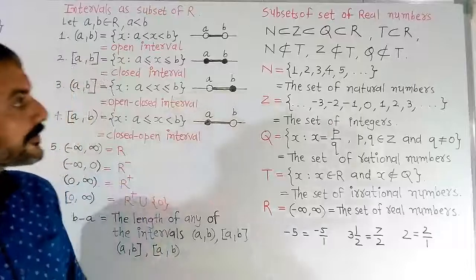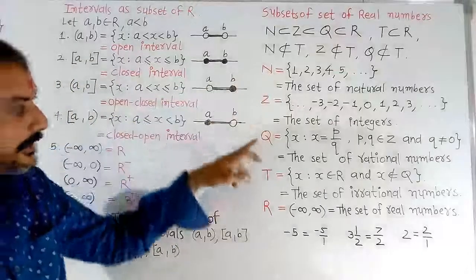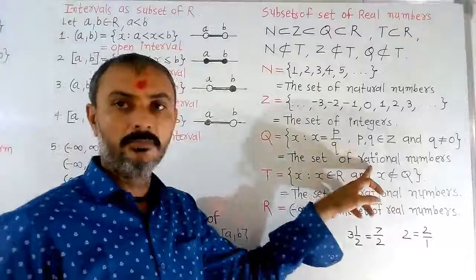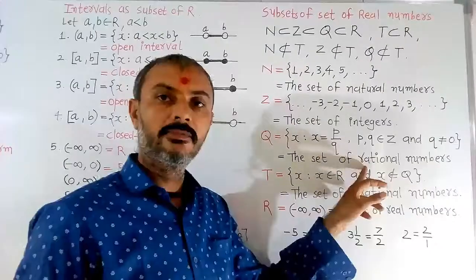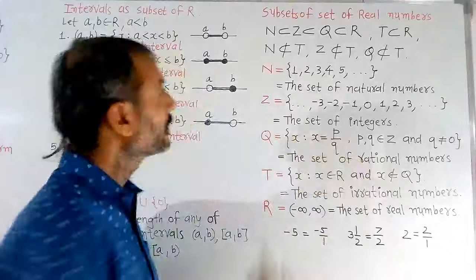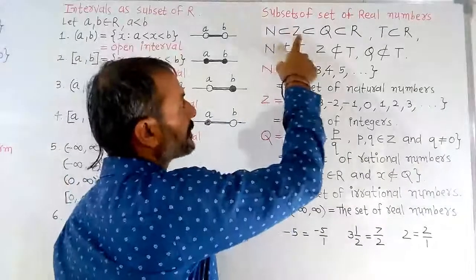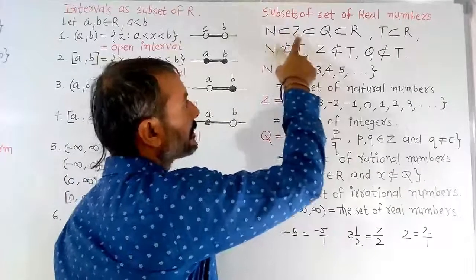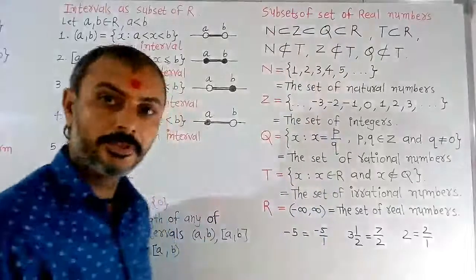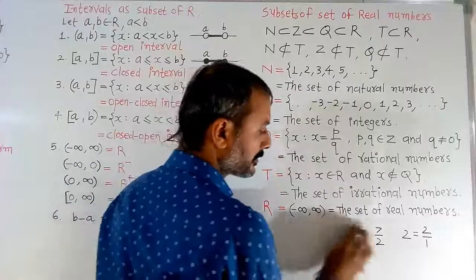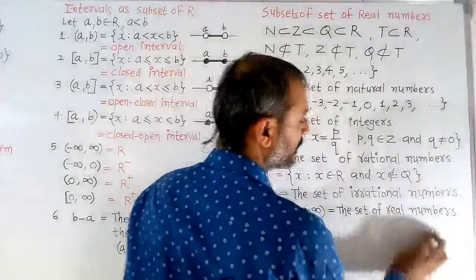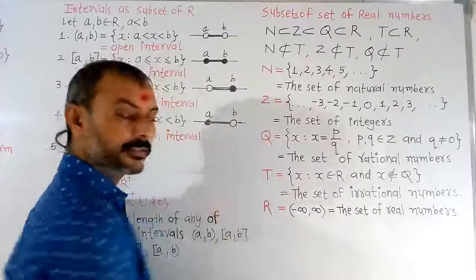So every natural number can be expressed as a rational number. Every integer can be expressed in the form of a rational number. So N is a subset of Z, and N and Z are also subsets of Q. Remember this.